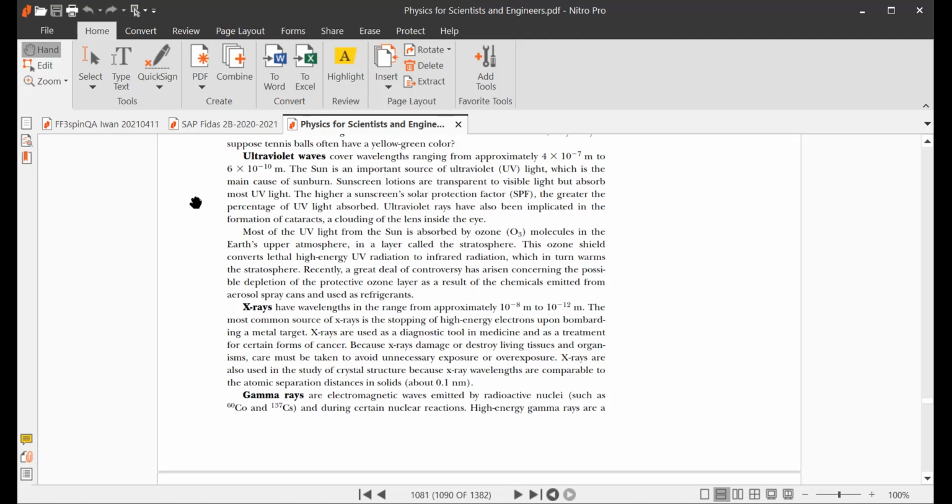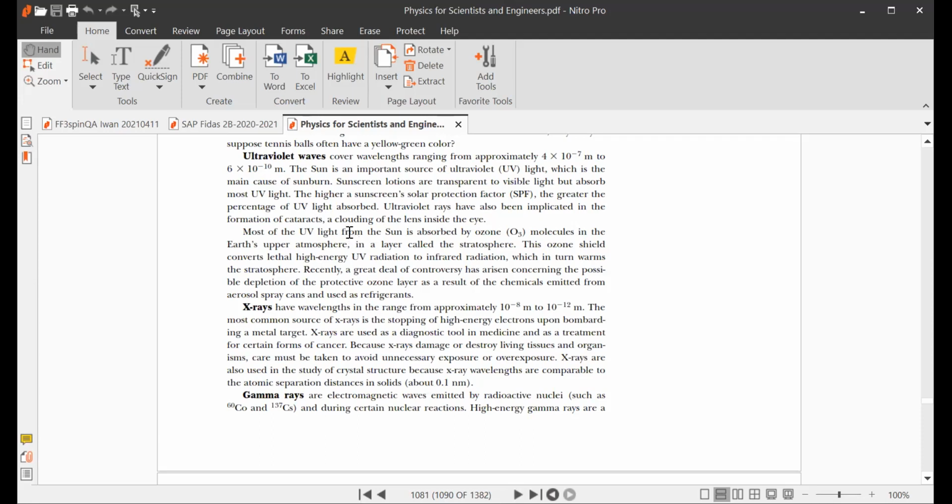It also comes from the sun. It can be used for medical purposes, and you often see it in the bank, where we check whether money is fake or not.